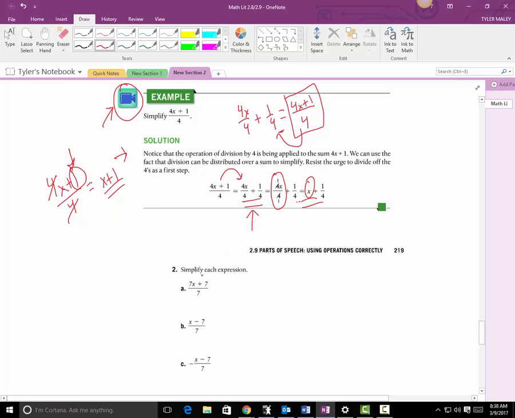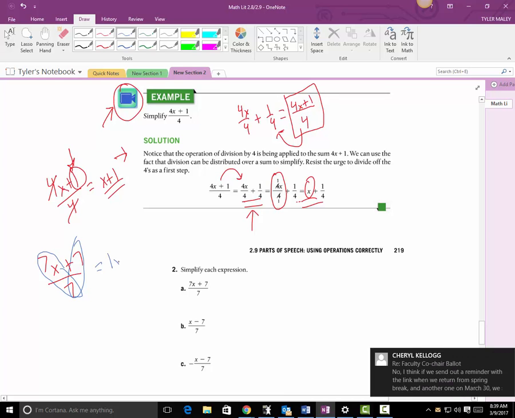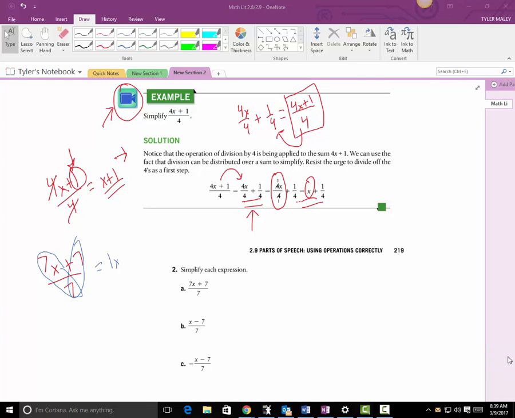Or another way that might be helpful, let me work this problem in another way. So we have 7x plus 7 over 7 for part 2a. Another trick you can do is to think of these as two separate fractions, so I need to reduce each part. 7x over 7 is just 1x, and 7 over 7 is just 1.